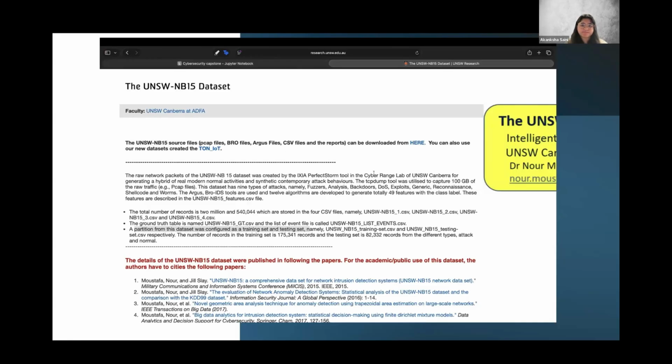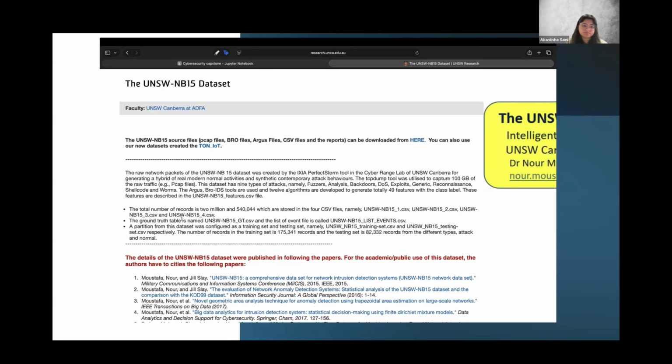Unlike the older dataset, this was generated in a CyberRange lab to simulate realistic modern network traffic. It contained a mix of normal activities as well as 9 different types of attacks from fuzzers, analysis, backdoors, DOS, exploits, generic, reconnaissance, shellcodes, and worms.